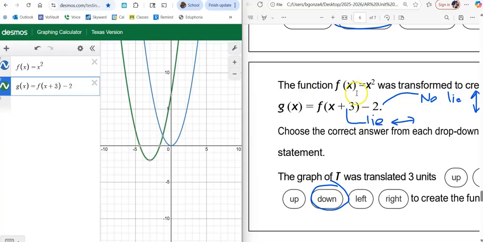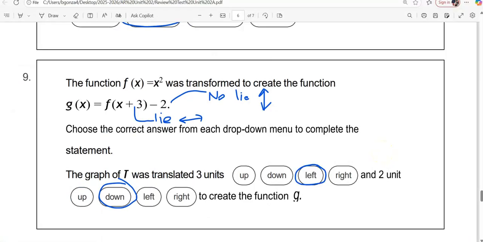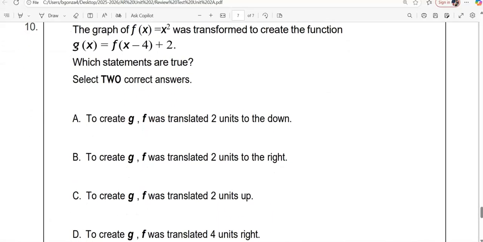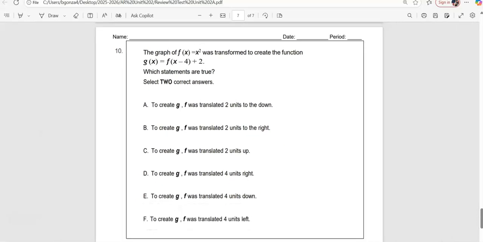If you just type these in the exact way you see them, you'll get both of your graphs, and you can see from this original parent function, the blue one, to this green one, it went left 3 and down 2. And that's what you can put on the answers, okay? The last one is going to be the exact same idea.